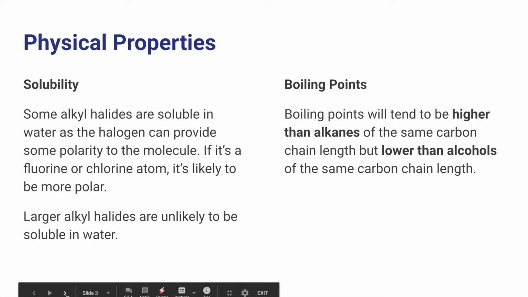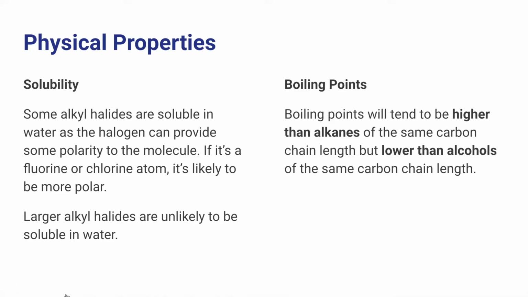So the alkyl halides are soluble in water to an extent. The halogen that they have there provides some polarity. Fluorine, if it's in there, would allow the molecule to participate in hydrogen bonding.